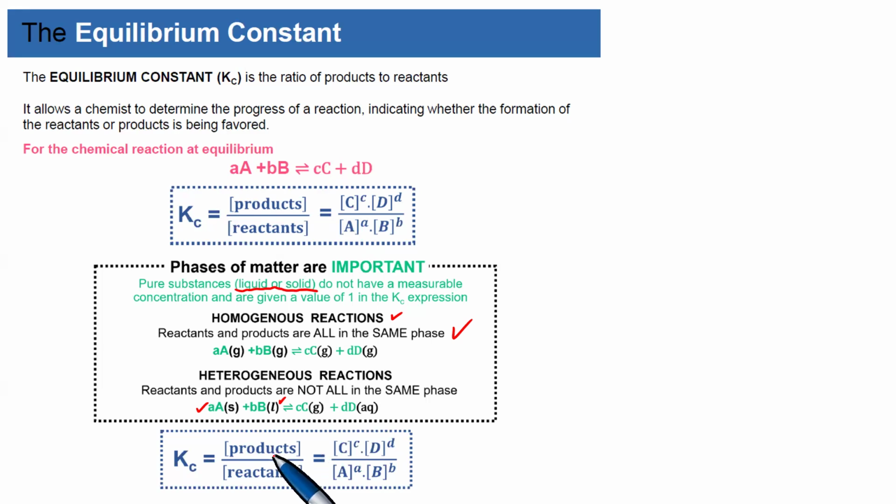It can be greater than 1, it can be equal to 1 if they're equal, or it can be more than 1. But my point is, the concentration of A as a solid is 1, and the concentration of B, we are sure, because it's a liquid, is 1 as well. Okay, so that's what we're saying.